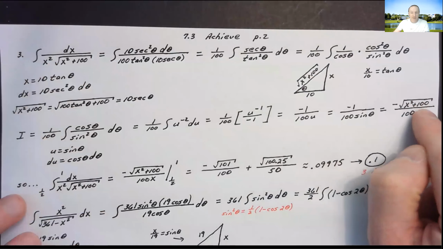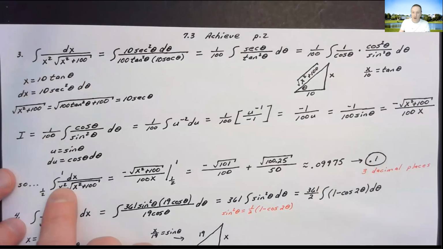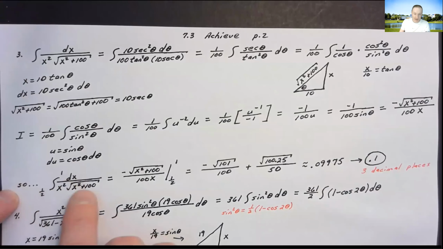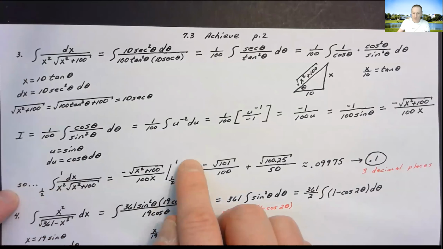Now, I know this is my answer with respect to x. The original problem was not just the indefinite integral, though. It was the definite integral. So I'm trying to keep my notation perfect here. The original problem is equal to our answer in terms of x evaluated from 1/2 to 1.